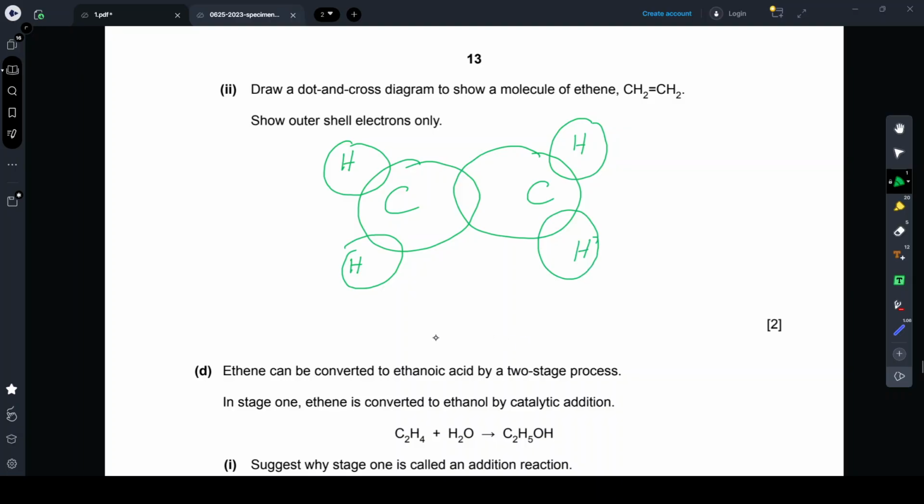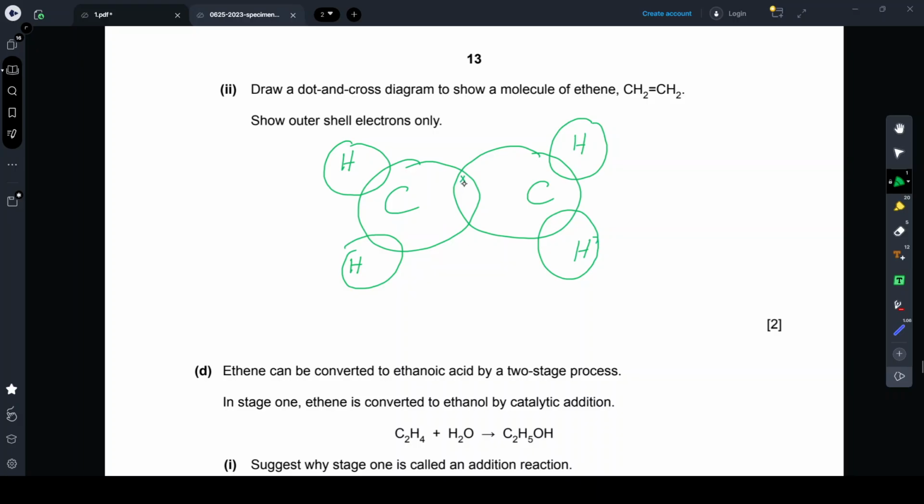Now tell me about the electrons. 8 electrons in its outer shell. Yeah, but how? 4 shared with the other C and 2 shared with each hydrogen. So what do I draw? Do I draw four dots? Do I draw four crosses? What do I draw over here?